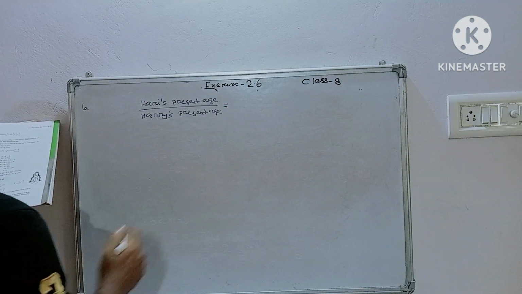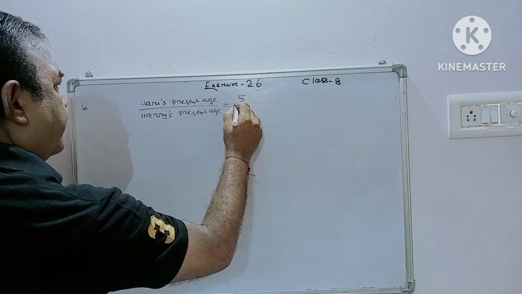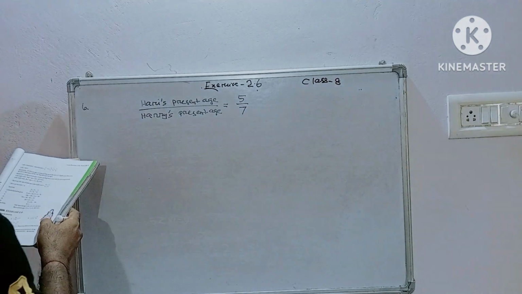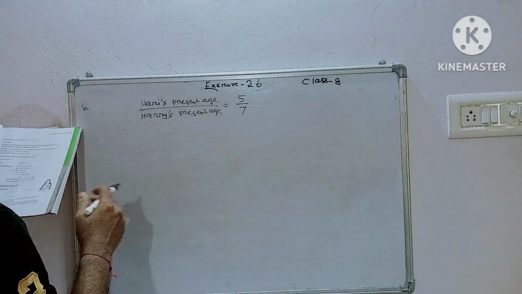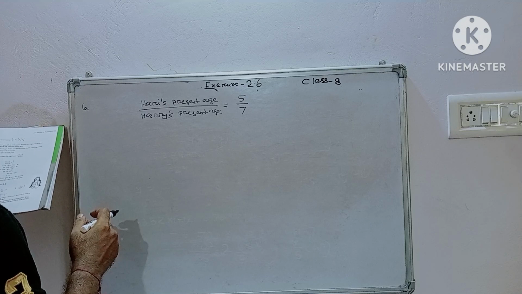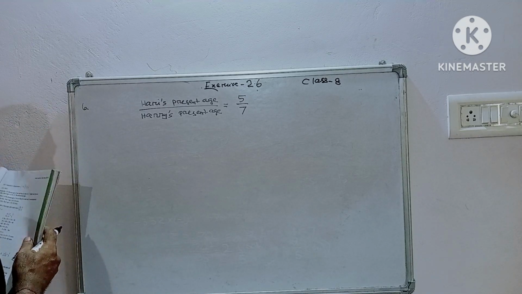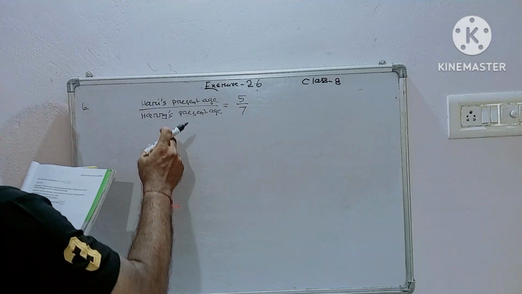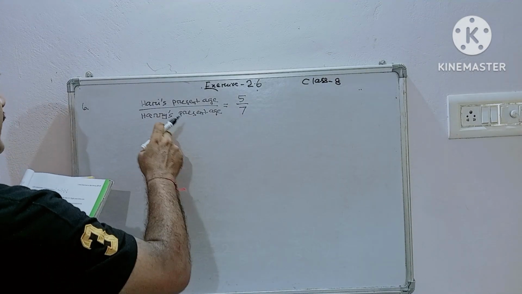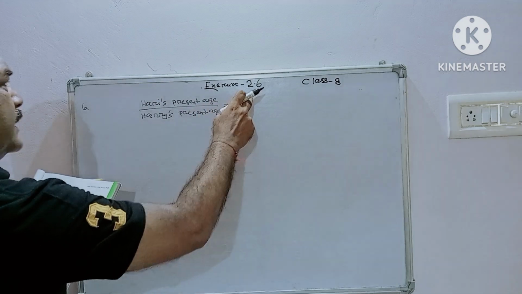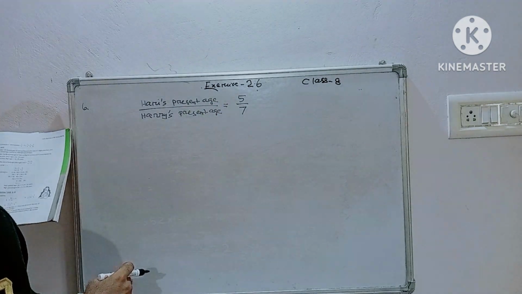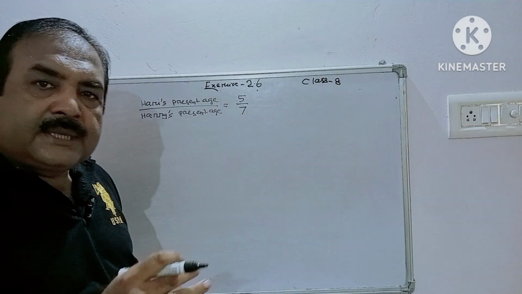This ratio is 5:7 or 5 upon 7, we may write like this. 4 years from now, the ratio of their ages will be 3:4. Find their present ages. So the ratio of their present ages is 5:7, and we have been asked to find their present ages.